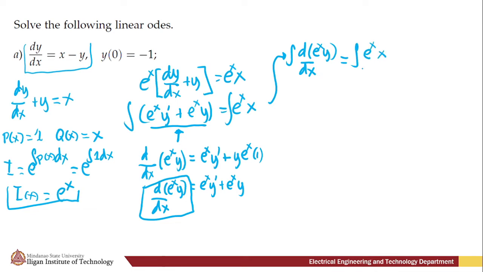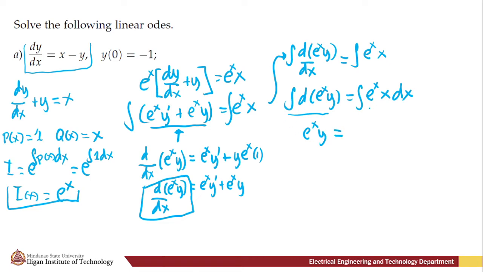So we multiply dx to the right-hand side. We have the integral of d of e raised to x times y equals the integral of e raised to x times x dx. So the integral of the left-hand side now will be e raised to x times y.